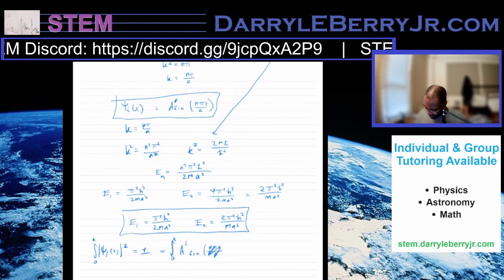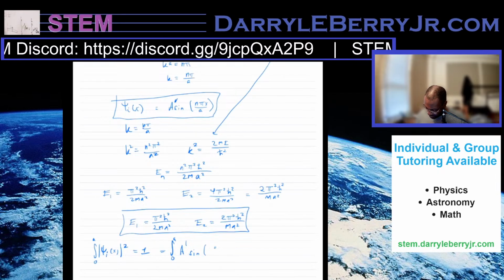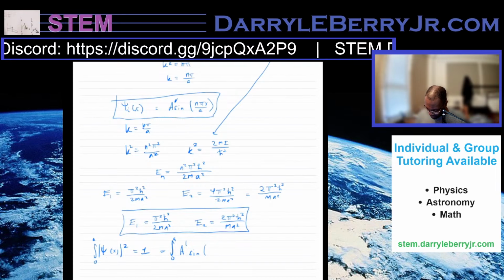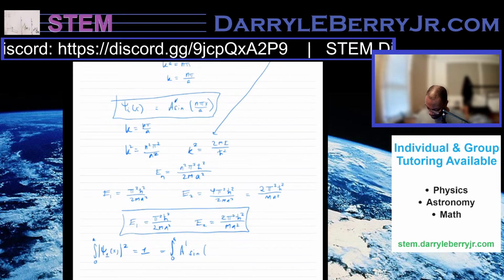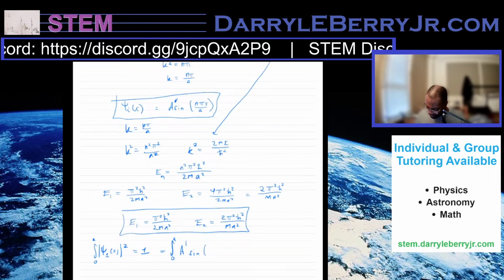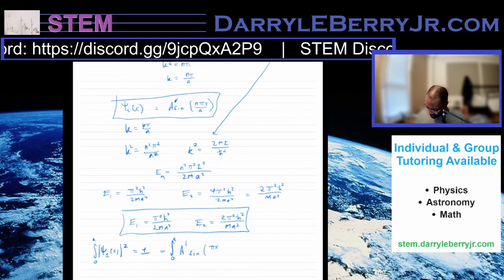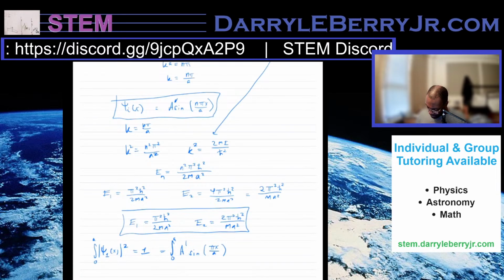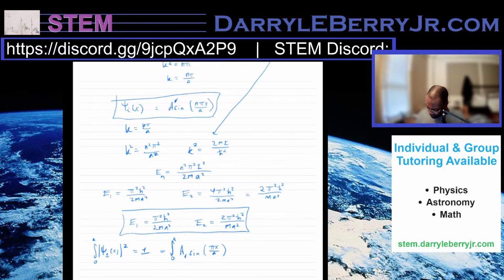Oh, and actually, let's do psi 1. I can have a definite 1. So psi 1 is A sine of pi x over a, and I could actually call this A1, right?